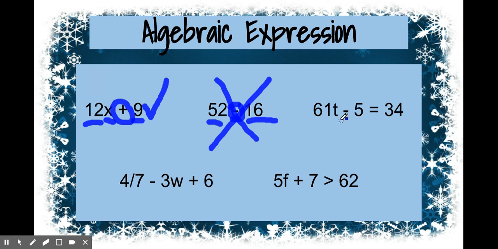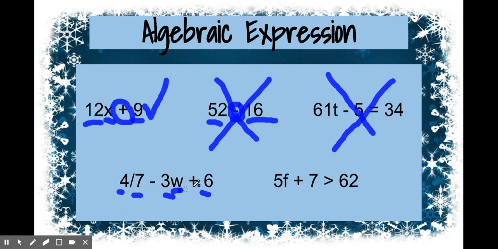My next example, I have 61t minus 5 equals 34. Here I have numbers, I have an operation, and a variable. But I also have an equal sign. And I know if there's an equal sign, I am looking at an equation, not an expression. Here I have 4 divided by 7 minus 3w plus 6. This expression contains numbers.